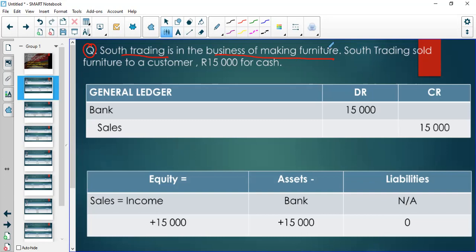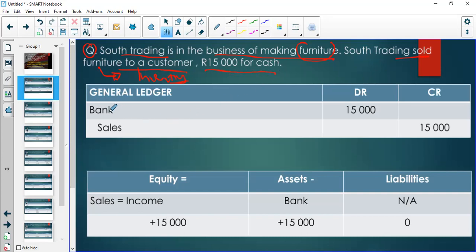Because this entity is in the business of making furniture, they sold that furniture to a customer. So this furniture that was sold is inventory. And it's for 15,000 Rand cash.